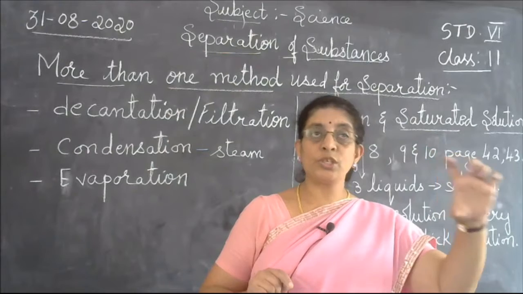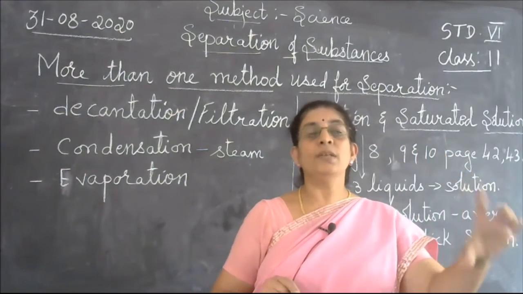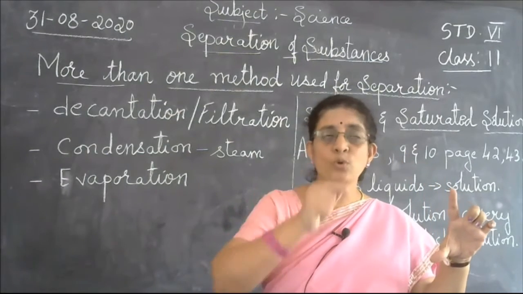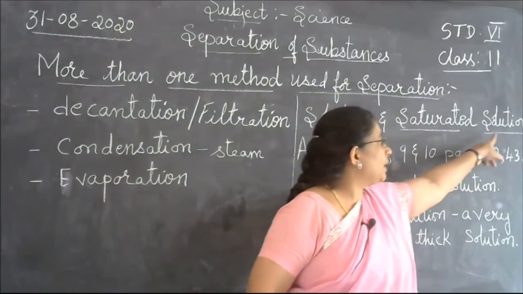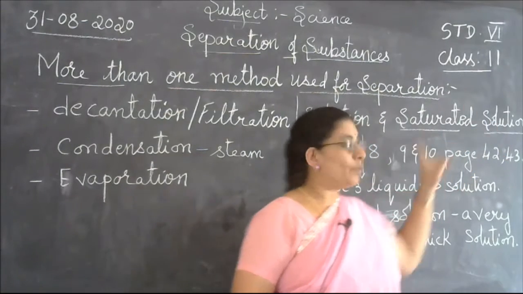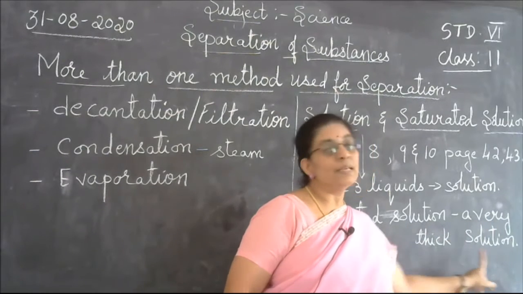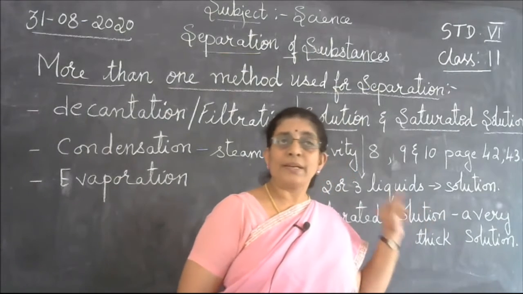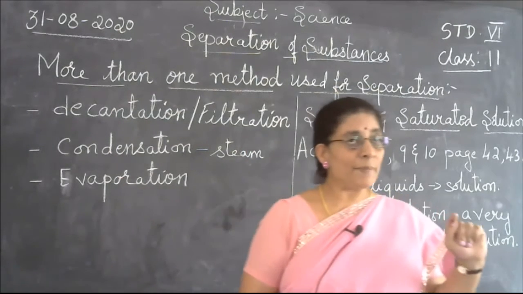So that solution will be thicker than the regular solution. The thick solution you get by adding spoon after spoon of either salt or sugar is called a saturated solution. So what is the meaning of saturated solution? A very thick solution.